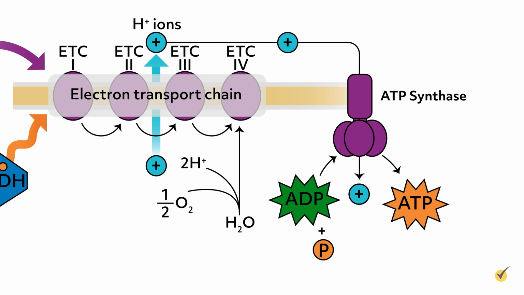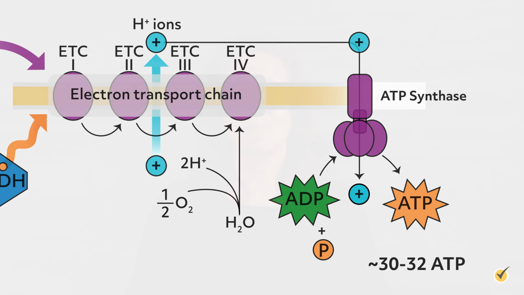As a whole, the process will net about 30 to 32 ATP molecules. From the electron transport chain through ATP synthase, we essentially converted the electron transfer potential of NADH and FADH2 into ATP, a more energetic molecule.